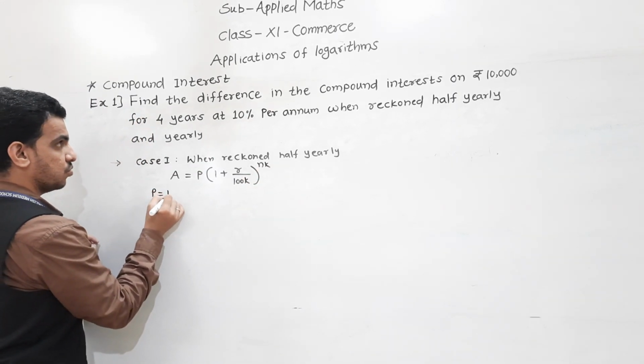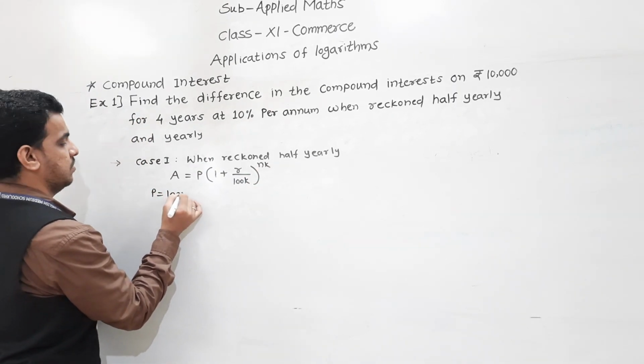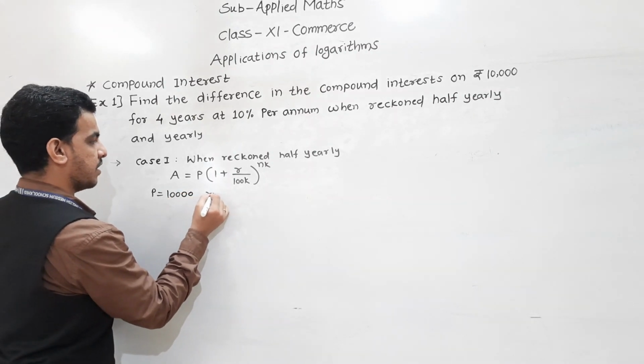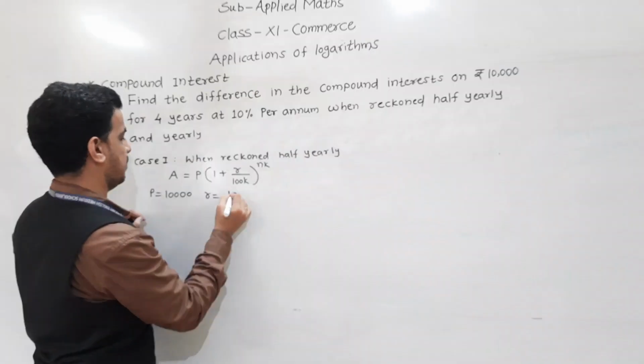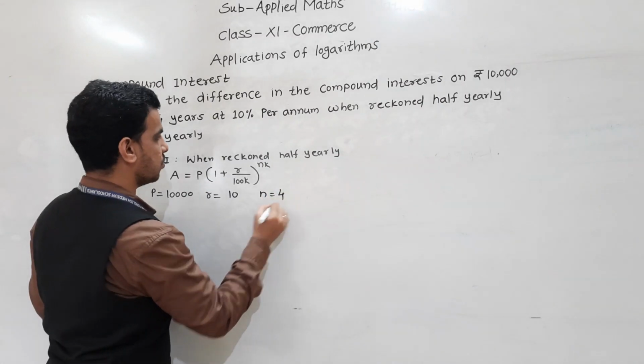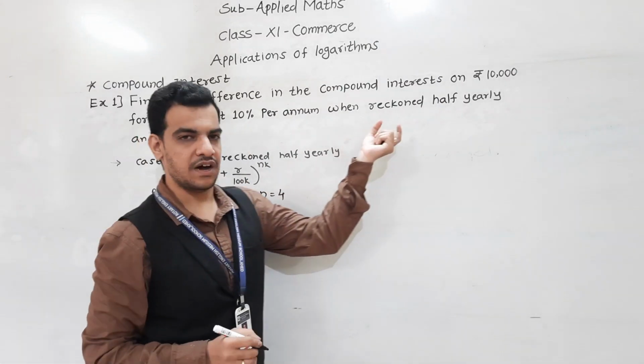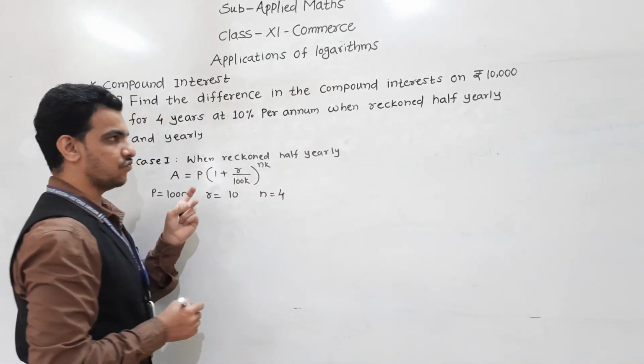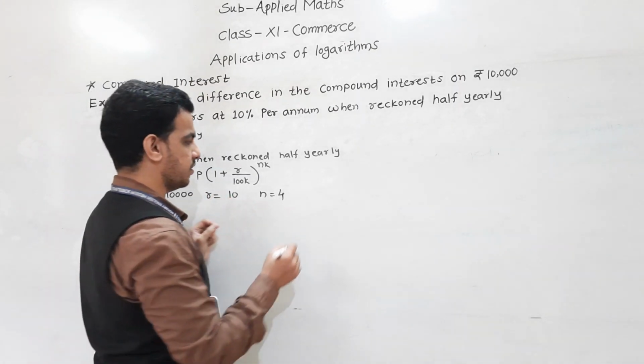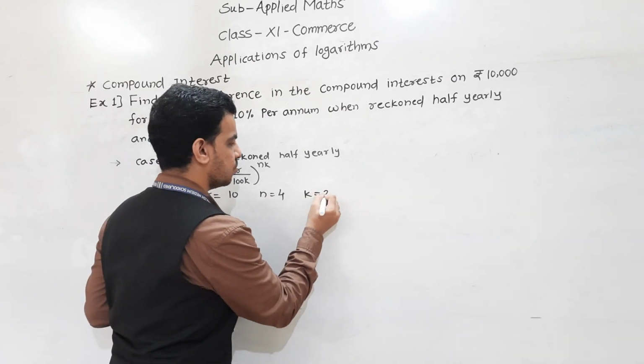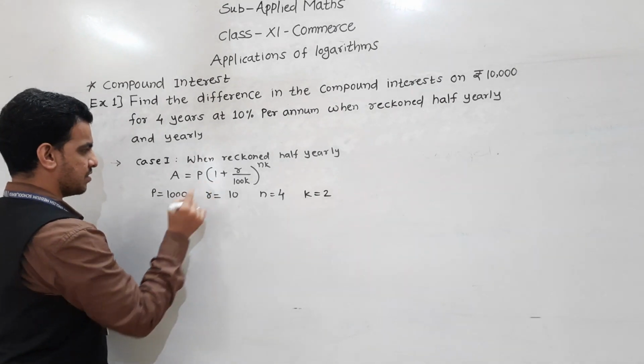Here P is equal to 10,000, R is equal to 10, N is equal to 4, and it is reckoned half yearly. So in 1 year there are 2 half years, so K is equal to 2. Now we have to put all these values.